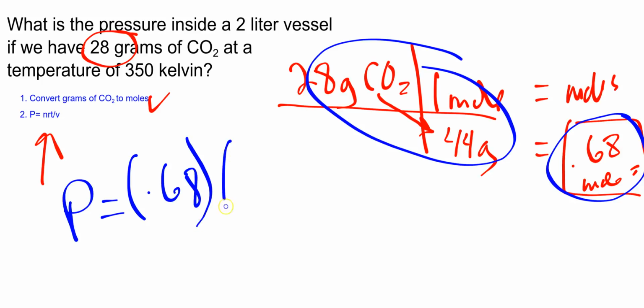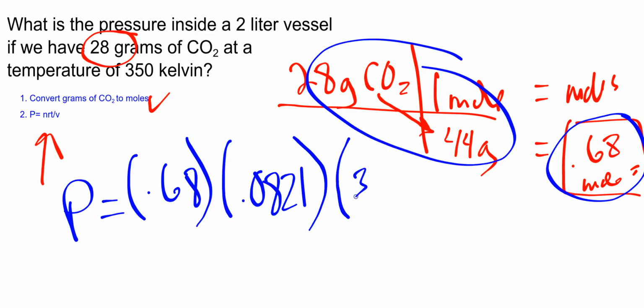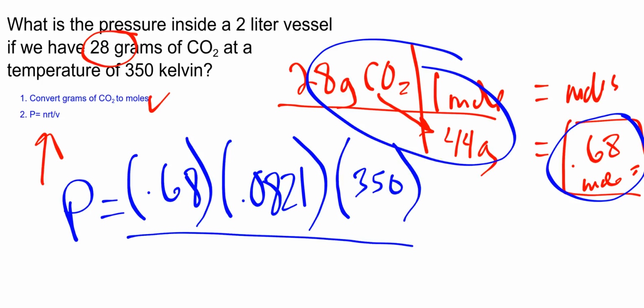Then R is 0.0821. And then our T is 350. No conversion needed because I'm already in Kelvin. And then I'm going to divide that by my volume, which is 2. Now I'm not going to calculate this. You're welcome to go ahead and type that into your calculator, and you would have your answer fairly simply.